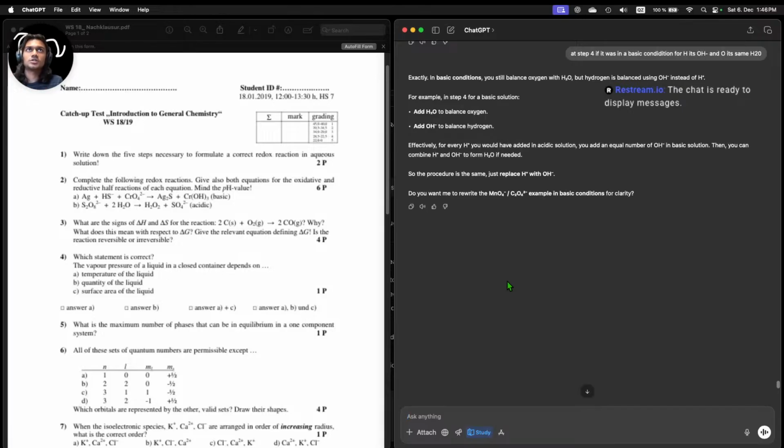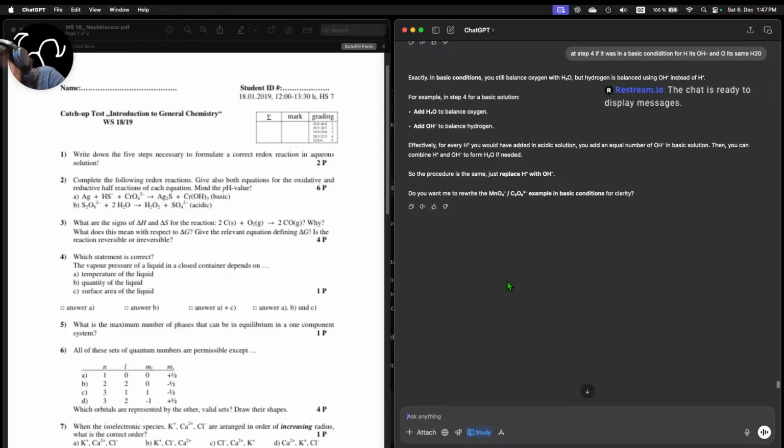Exactly, in basic conditions you still balance oxygen with H2O, but hydrogen is balanced using OH minus. For example, step 4, H2O to balance oxygen, OH minus to balance hydrogen. Effectively, for every H plus you would have to add an OH minus. So balance the H and OH minus.